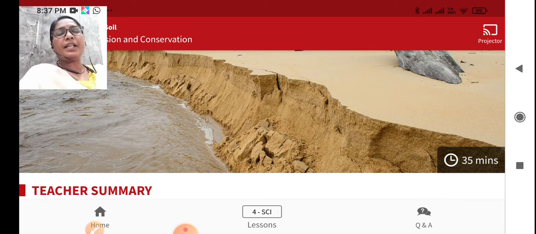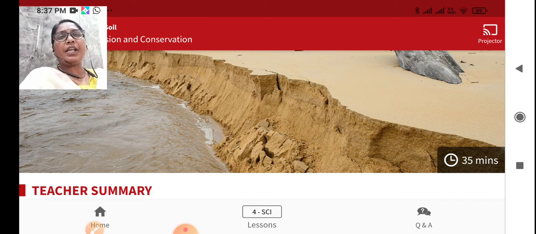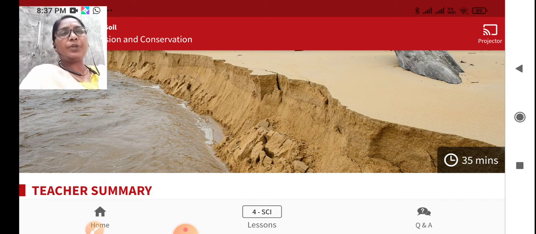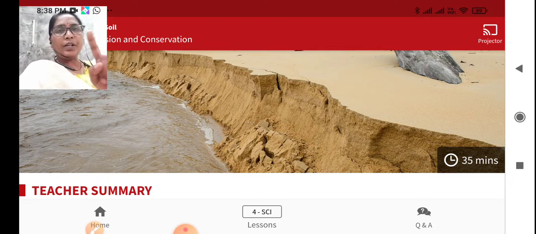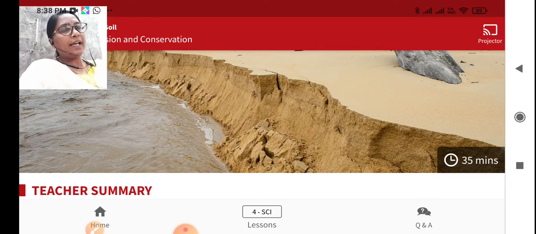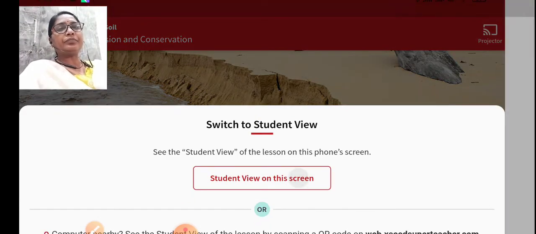So, to understand how soil erosion takes place in our surroundings, we'll do one small activity. For this, you need two potted plants. One pot full of plants and the other pot with only a single plant. As I'll show you in the picture, according to that you arrange for the class. Okay.